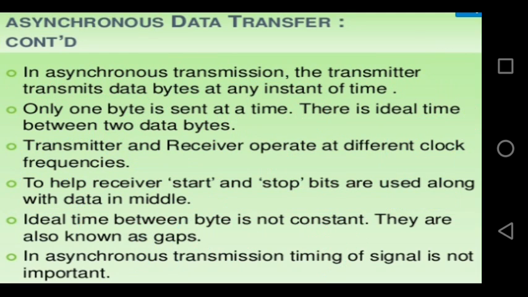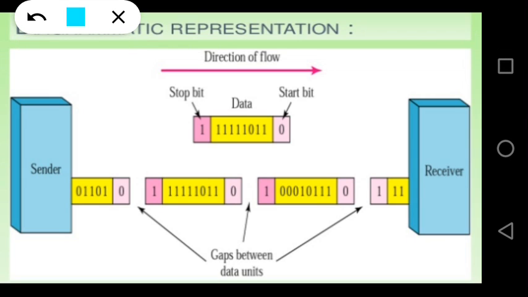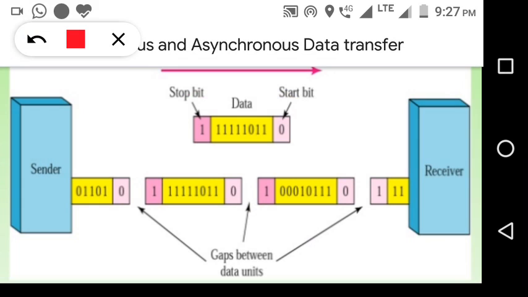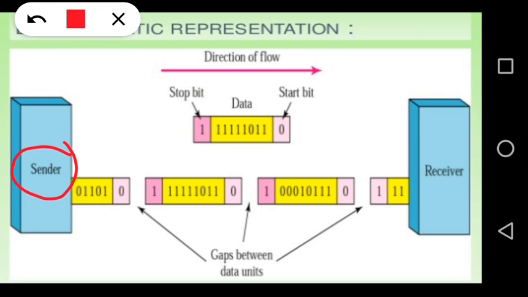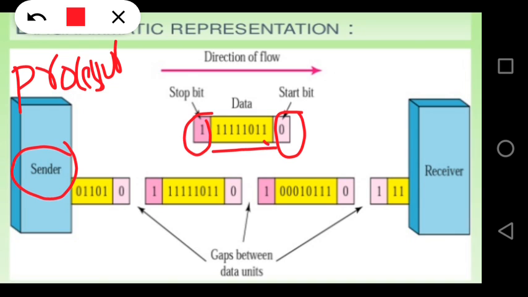Let's look at a diagrammatic representation of asynchronous data transfer. This is my sender, and the best example is the processor. It contains a start bit and a stop bit with the data in between. In between is one byte of data.